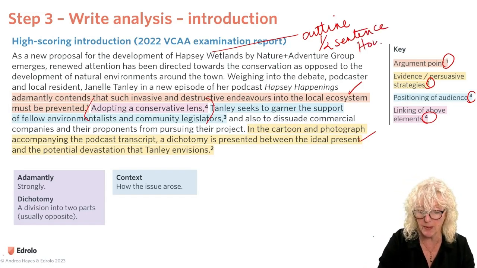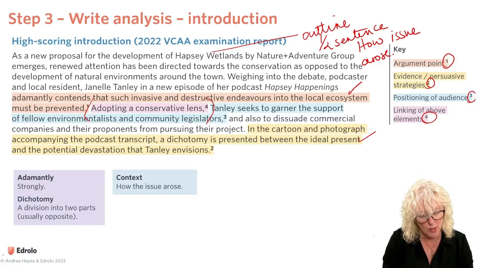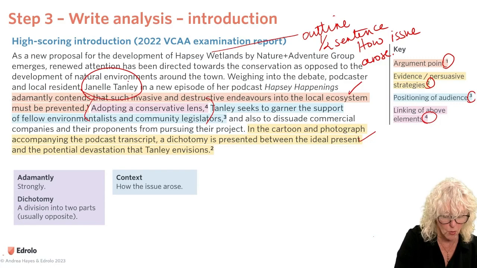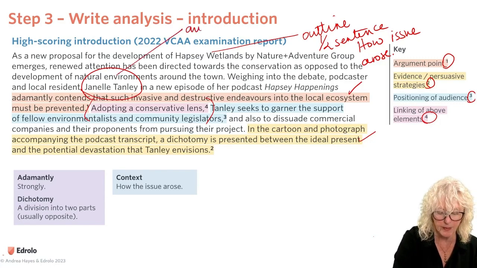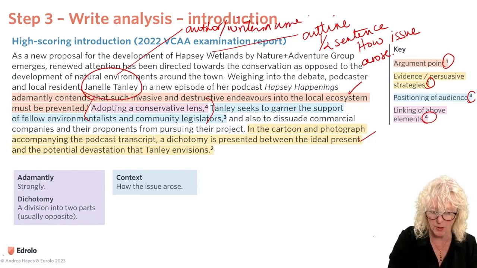So if you can remember that, that's pretty good to put in. How the issue arose. Often you will get this from your background information. Also important to note, the author's name. Who exactly, author or writer, who exactly wrote this? Okay.